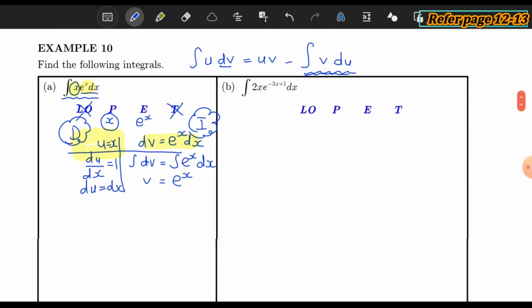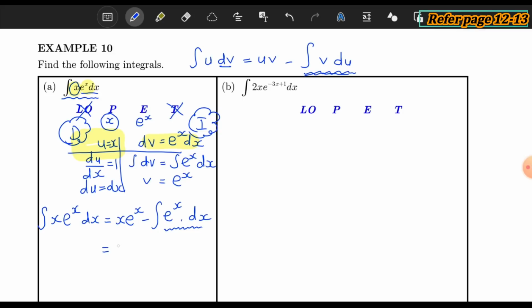Now, we apply the formula. Integrate x exponent x dx equals uv, so x exponent x, minus integrate v du. v is exponent x and du is dx. We state the function all in terms of x.